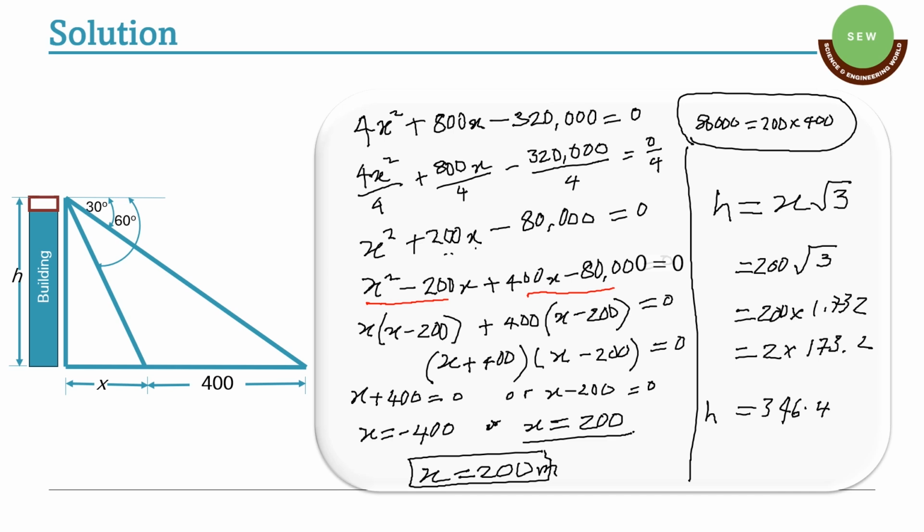So in essence, up to nearest meter, we can now say that h equals to 346 meters. That is 200 meters, and this height will be 346 meters.